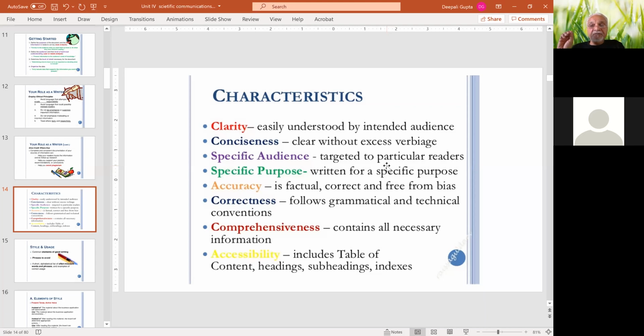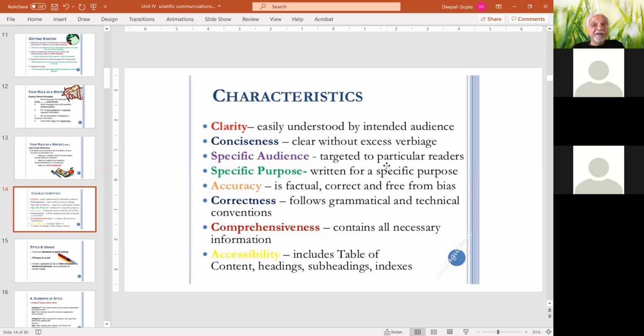It should be clear without excess of words, unlike creative writing, where you have to create a scene and a lot of background is to be given. Here it should be concise, and then it should be targeted to a specific audience.